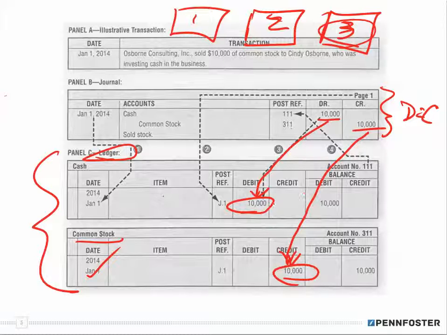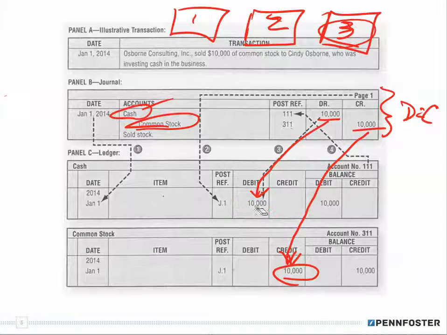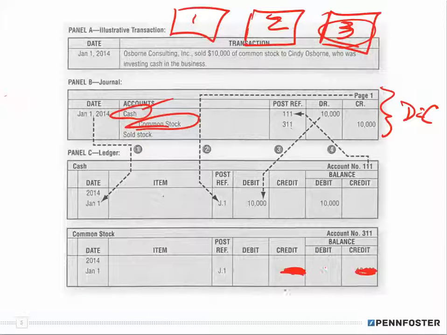You just have to make sure you're putting it in the right column and for the right amount. And you have to make sure that you're posting both halves of that entry, right? Some students will post only one half to the cash and they forget about the common stock. Well, if you don't make this entry right here, then when you're looking at this common stock account, the balance is 0.